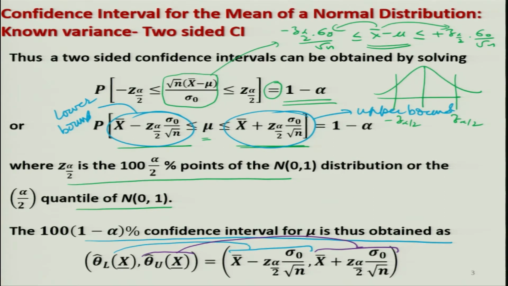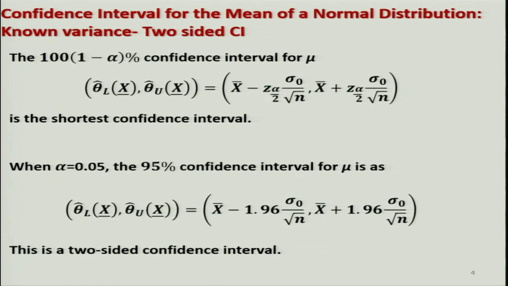So, now you have obtained these two limits, and you can see that they depend on the value of capital X bar, and that is what we said, that these are statistics. These are two statistics, theta hat u and theta hat L, because they are going to be random, right.